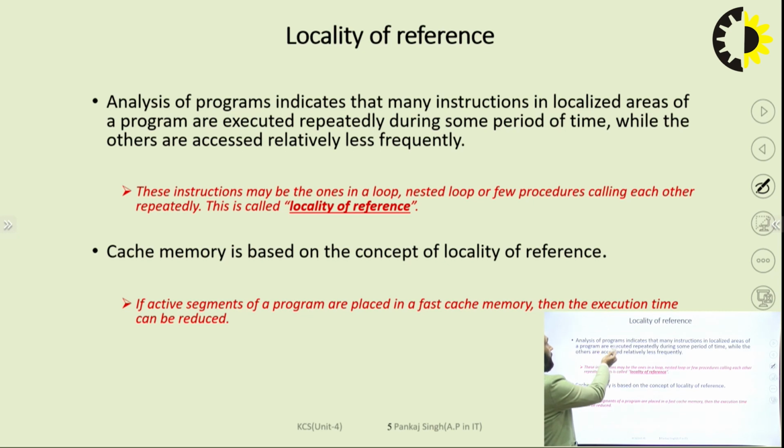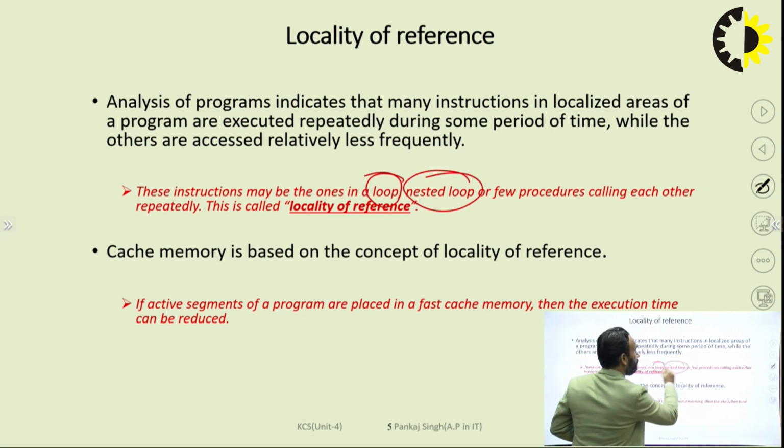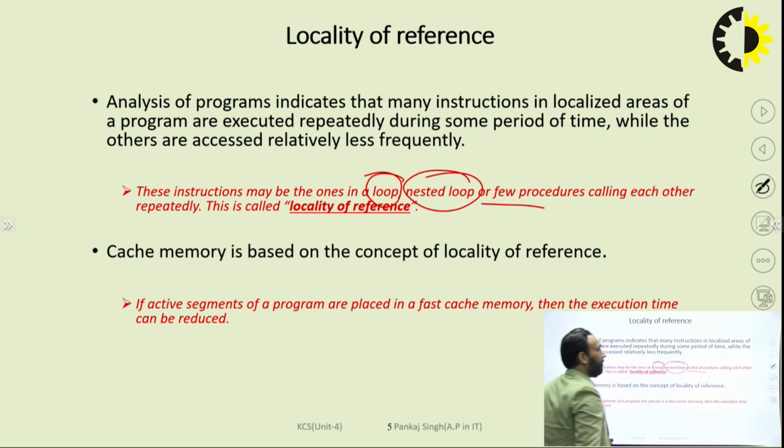Analysis of programs indicates that many instructions in a localized area of a program are executed repeatedly during some period of time, while the others are accessed relatively less. For example, what type of instruction executes repeatedly? A loop in a program, a nested loop, or a few procedures calling each other repeatedly.